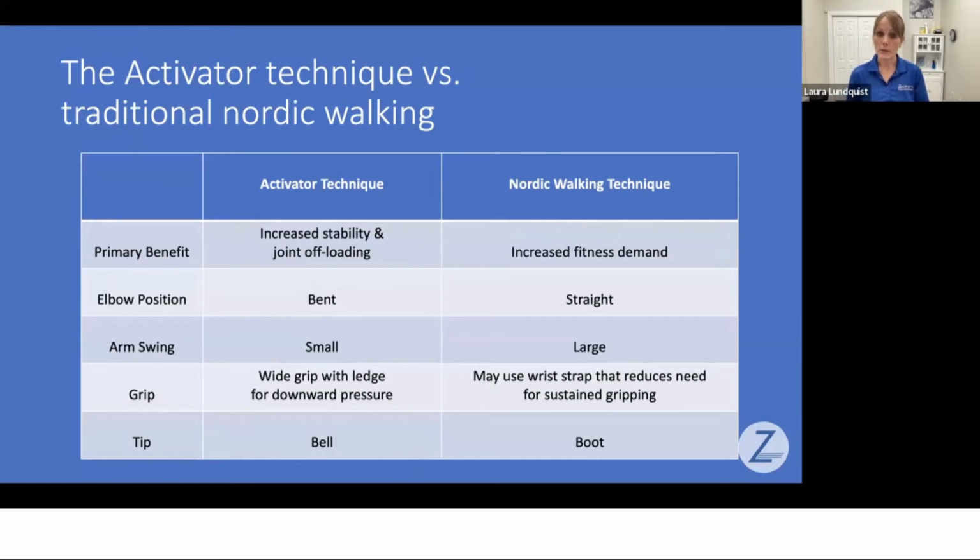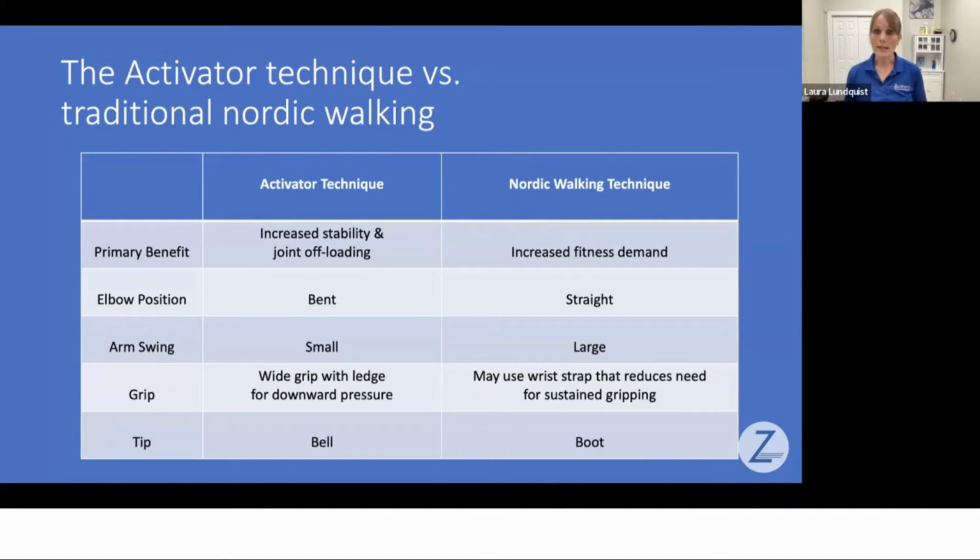When we do the Activator technique that I'll show you in a moment, we're going to have our elbows in a bent position. Whereas in the Nordic walking technique, we have the elbows straight, more in that sort of cross-country style way that you might traditionally think of when you think of Nordic walking. The arm swing, because the elbows are bent in the Activator technique, is going to be smaller. In the Nordic walking technique, that's going to be a bigger arm swing.